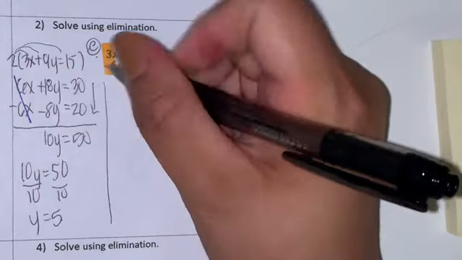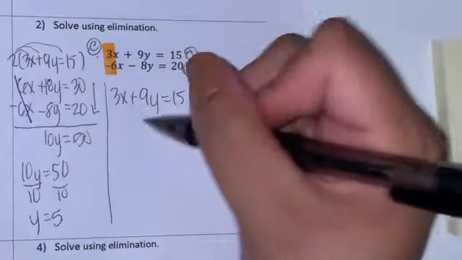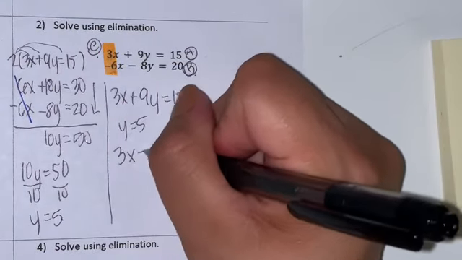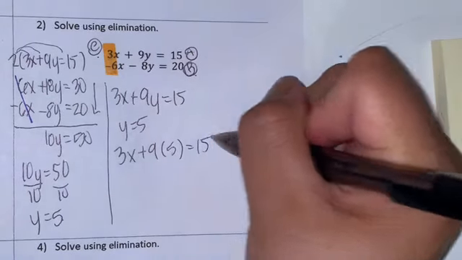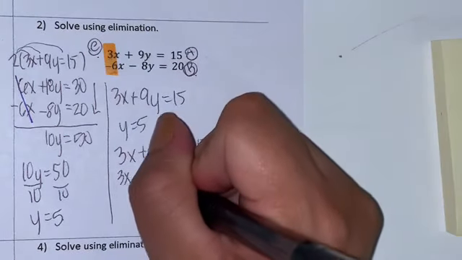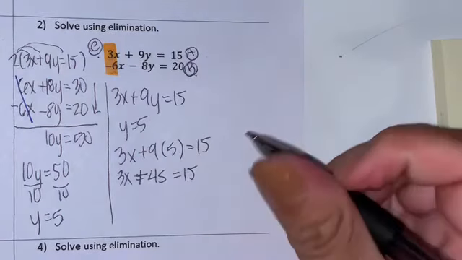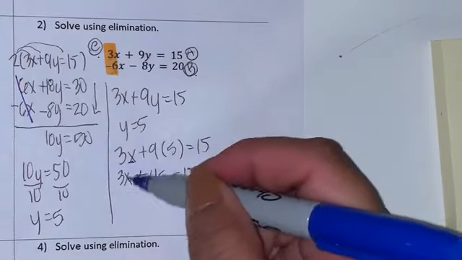So I say that 3x plus 9y equals 15. Y equals 5. 3x plus 9 times 5 equals 15. 3x plus 45 equals 15. Subtract 45 from both sides because we're trying to get x by itself.